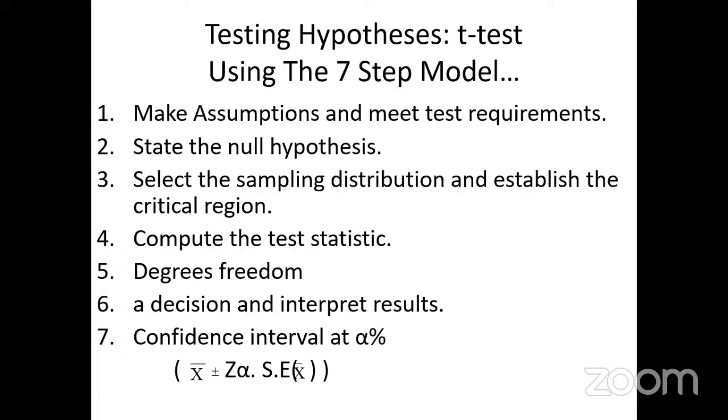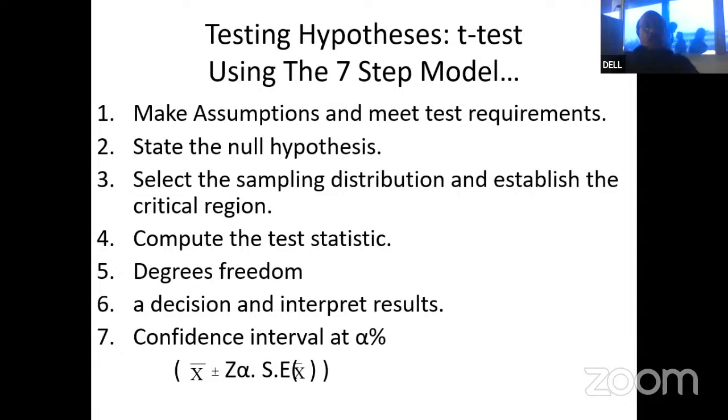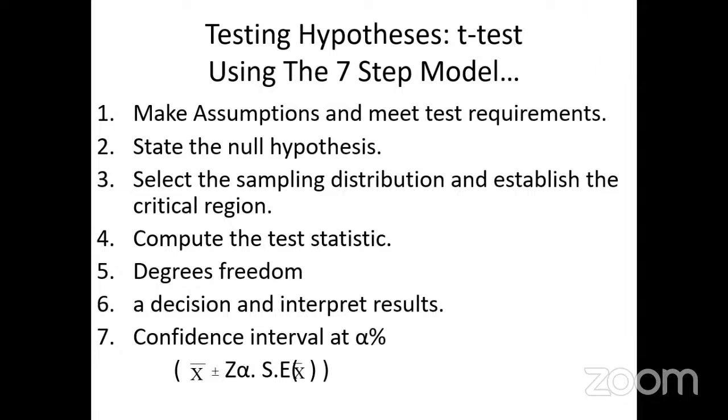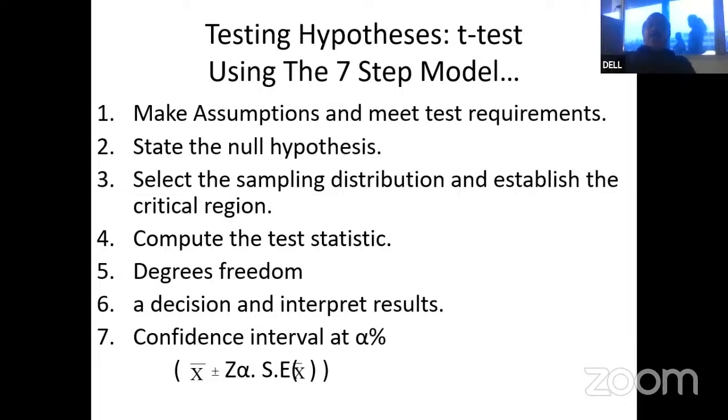About the confidence interval, it would be defined as that characteristic plus or minus Z alpha, that means the table value, times the standard error of X bar. Based on that, if the population mean is not exactly defined, then we can estimate it using these intervals, at whatever level, 5%, 10%, 1%, whatever it is.